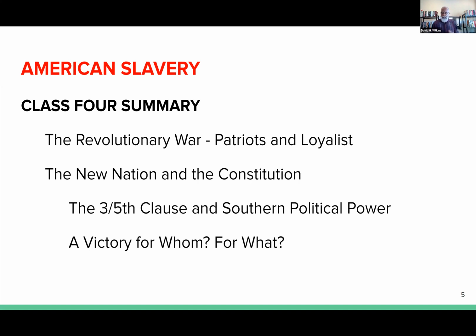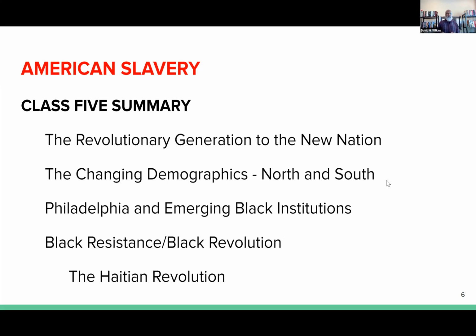And so again, just a quick summary. Class 5, that period after the revolution, the new nation, and we see how the nation is going to grow demographically and geographically, and we see the increasing wealth being gained in the South as slavery would become an economic powerhouse for the enslavers.